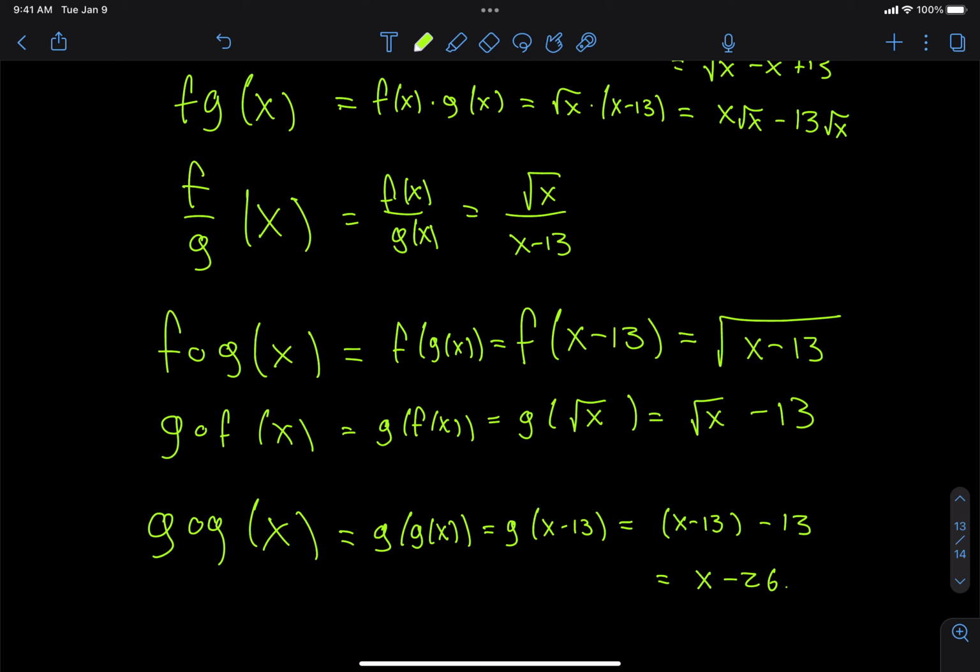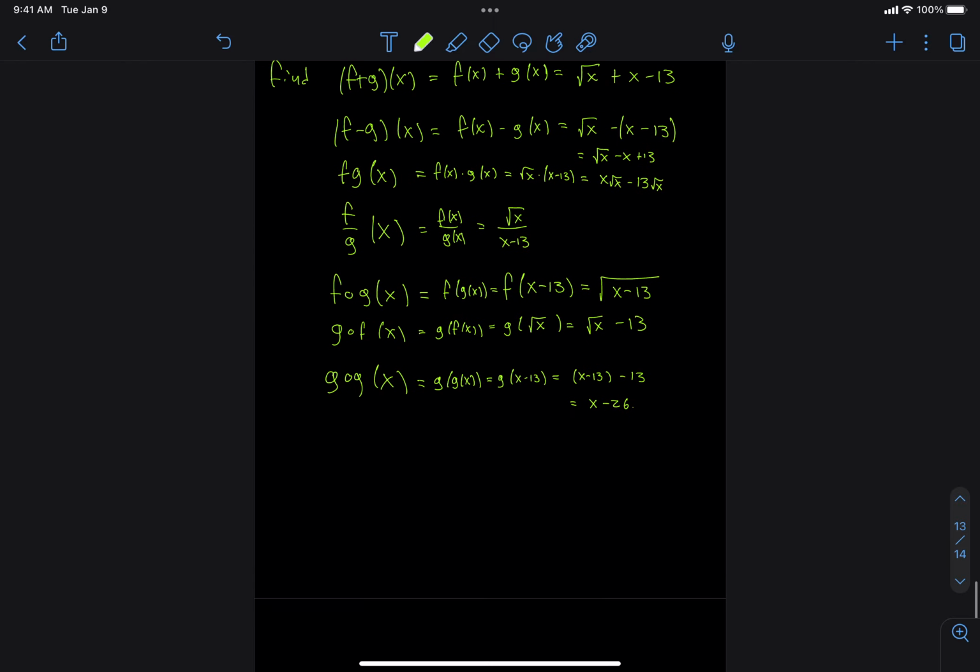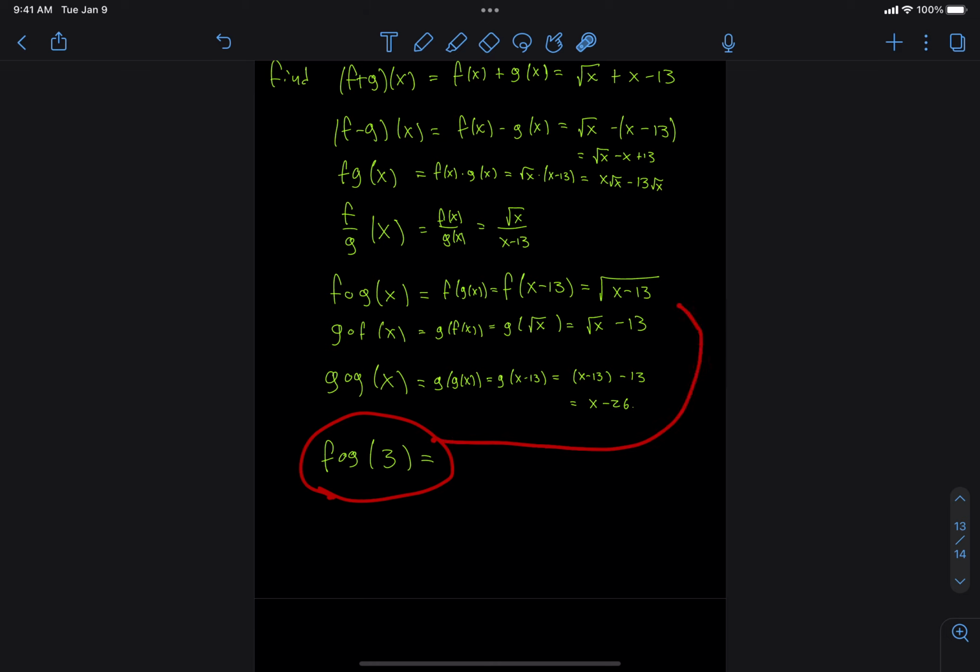So one final thing I want to discuss is what would I do if I wanted to do f of g of 3? What would I do if I wanted to do this? Yeah, I'm going to plug in 3 for x in here.